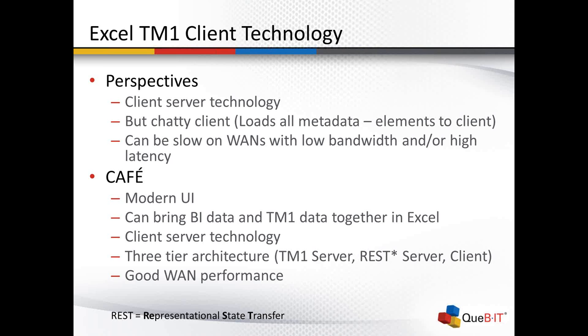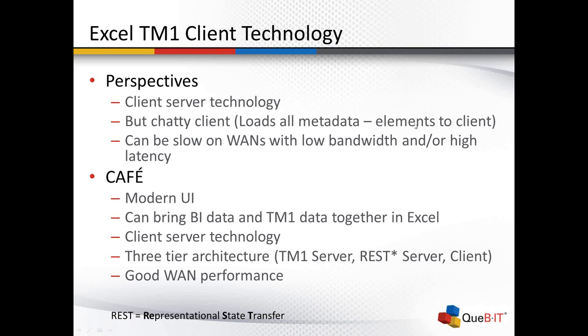So let's look at Perspectives versus Cafe in a more technical sense. Both of them use client-server technology, but Perspectives, as some of you know, as a client, is what we call chatty. So if you've got 100,000 SKUs in your dimension and you want to browse that cube, Perspectives is going to load all 100,000 elements down to the client and can give you pretty slow performance as a result.